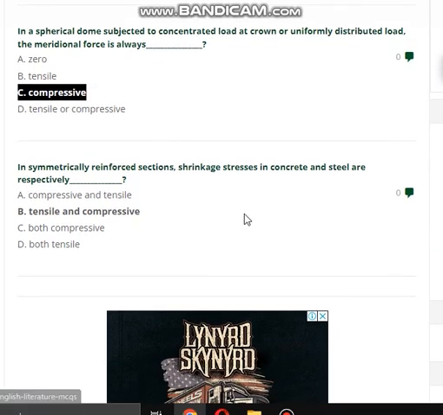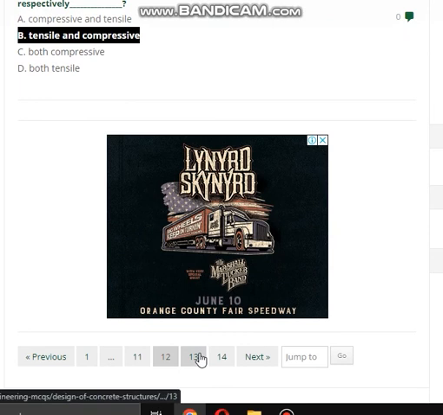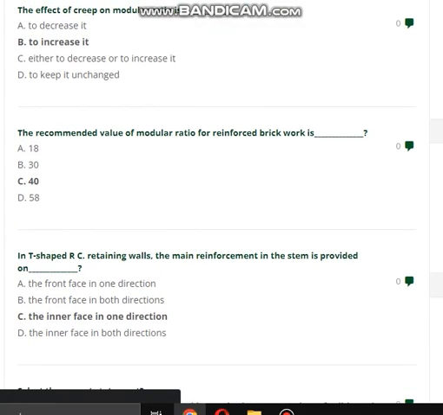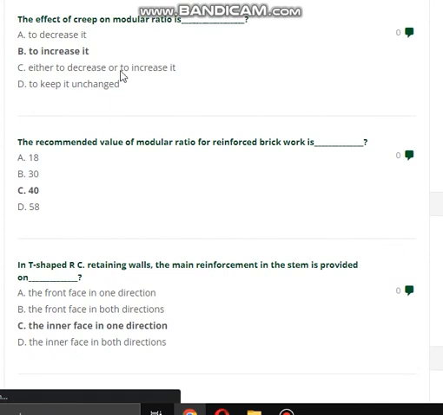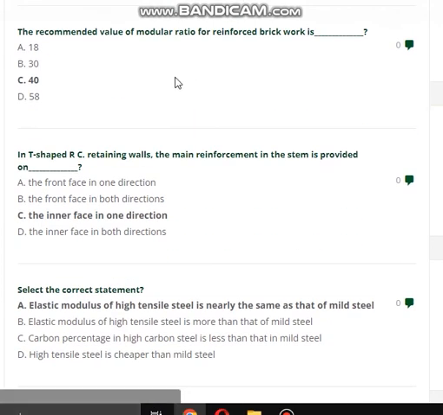In symmetrically reinforced sections, shrinkage stress in concrete and steel are respectively tensile and compressive. The effect of creep on modular ratio is to increase it. The recommended value of modular ratio for reinforced brickwork is 40.